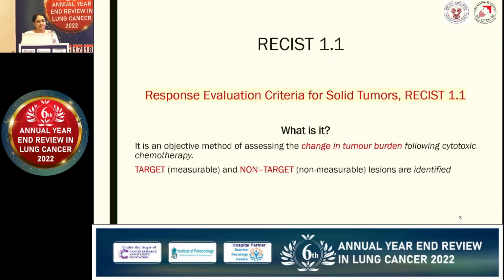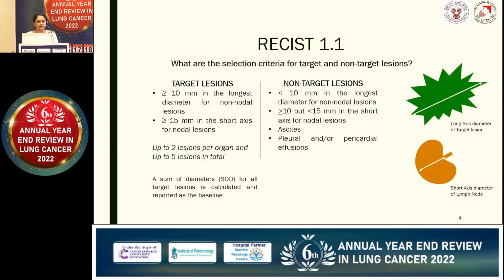So what is RECIST? It is basically an objective method of assessing a change in the tumor burden, especially after cytotoxic chemotherapy. And as mentioned, we identify target and non-target lesions. The selection criteria for the target lesions are, longest diameter of non-nodal lesions, whereas for non-target it is less than 10, and nodal will be more than 15 for short axis and less than 15 short axis for non-target lesions.